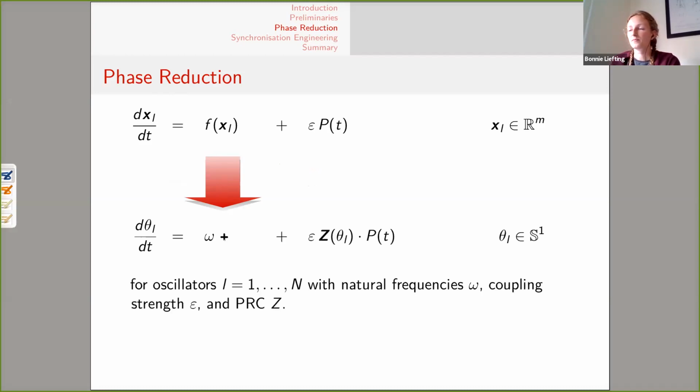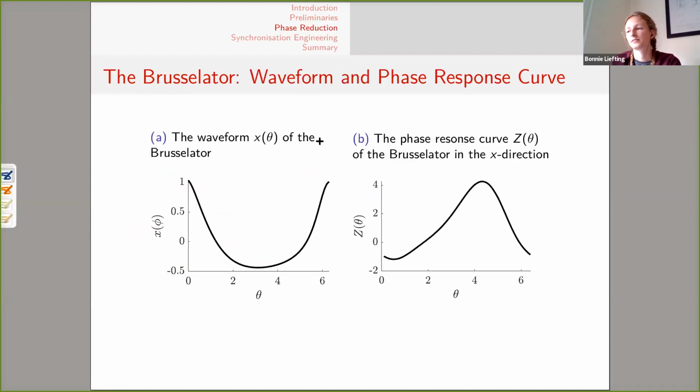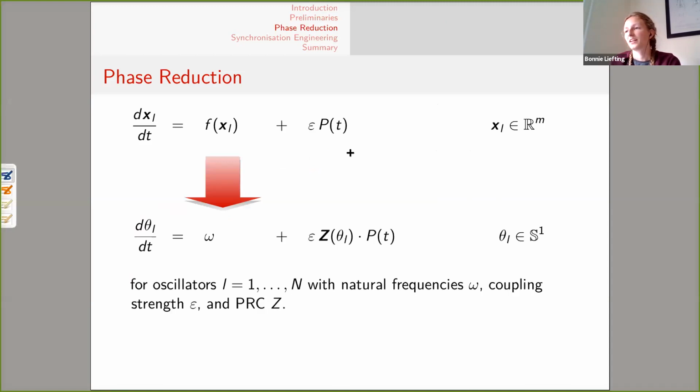And if we then add some kind of feedback here, then we need to scale it. So this epsilon is just something very small, because we want it to stay in the basin of attraction of the oscillator. But we need to scale it, so we use this phase response curve to scale the feedback.